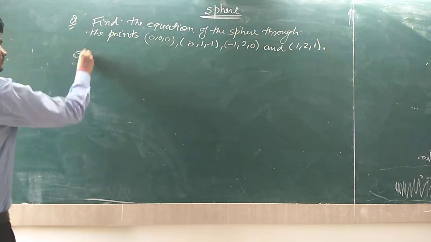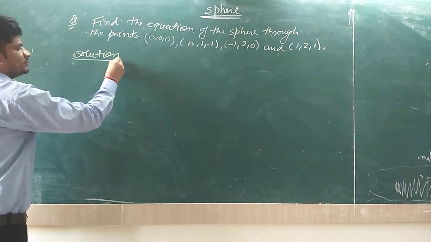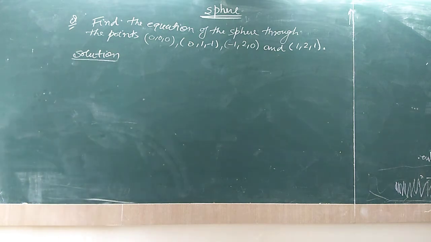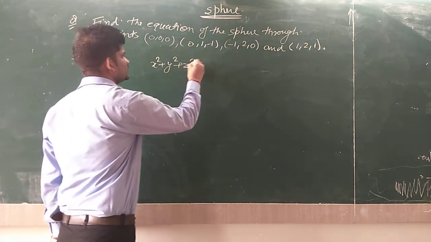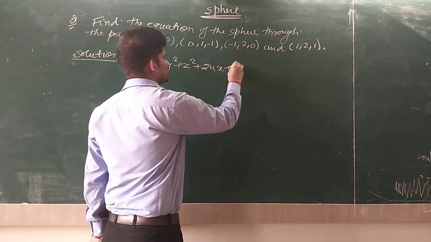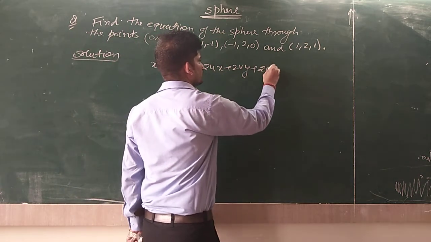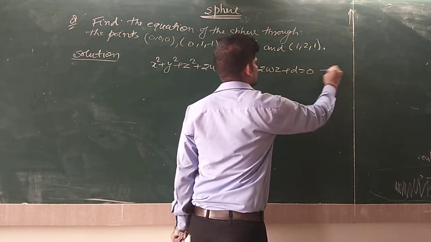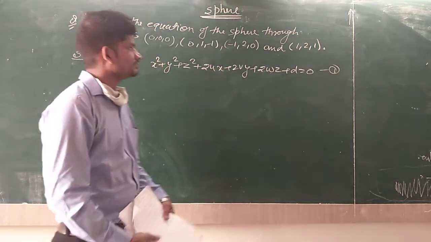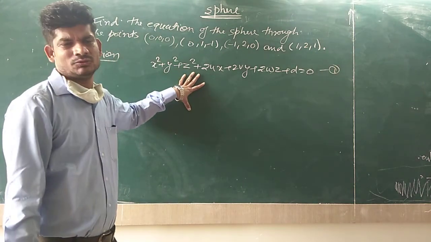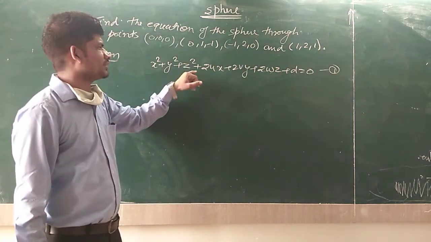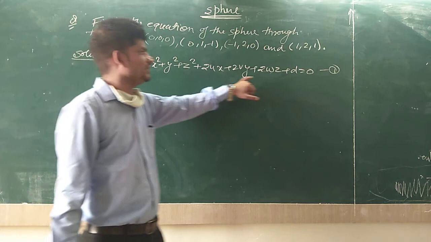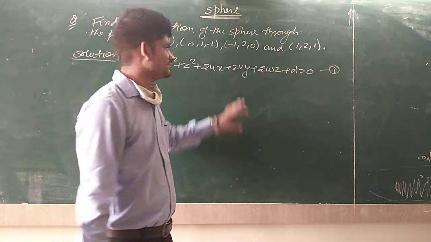The solution is, the sphere passing through more than 1 point. Using the general equation of the sphere, x square plus y square plus z square plus 2ux plus 2vy plus 2wz plus d equal to 0, equation number 1. Putting these points in the equation, we find u, v, w and d. So this is the solution.